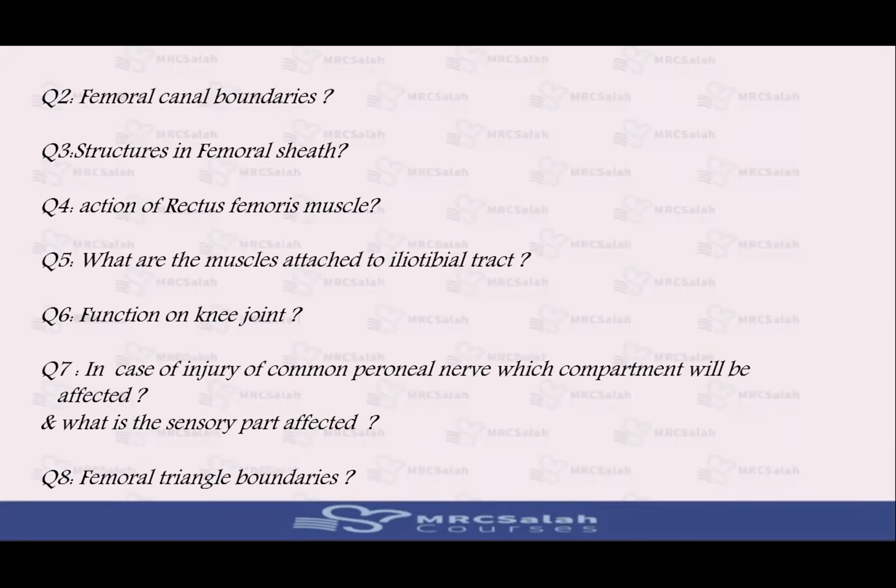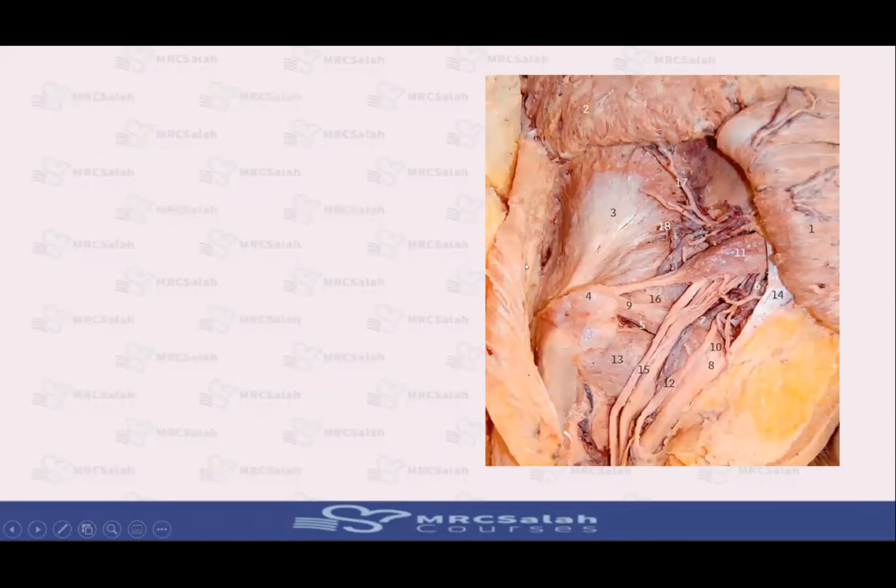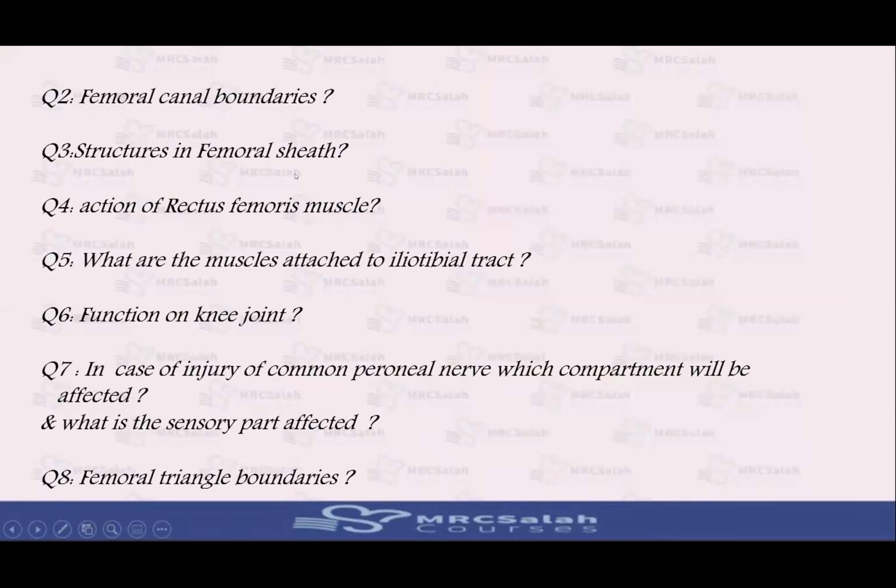Superior is the inguinal ligament. Lateral is sartorius. Medial is adductor longus. The floor is made by the muscles. I think this is the last question I have.